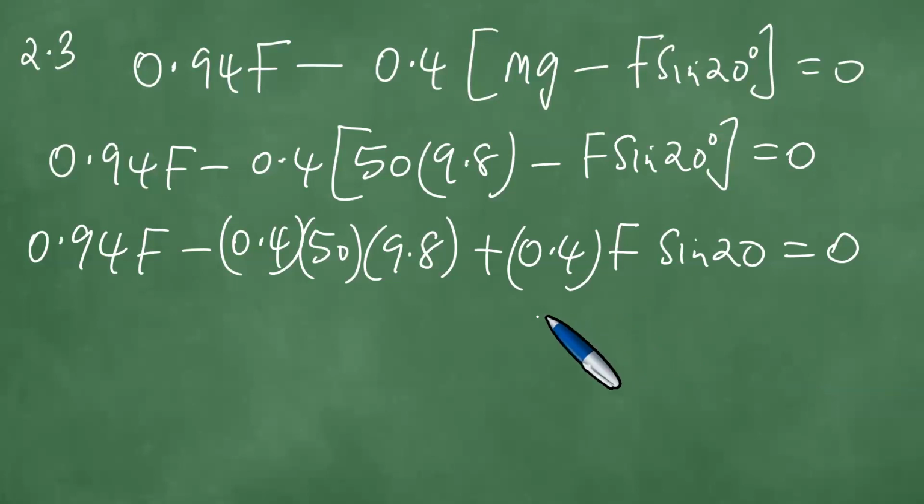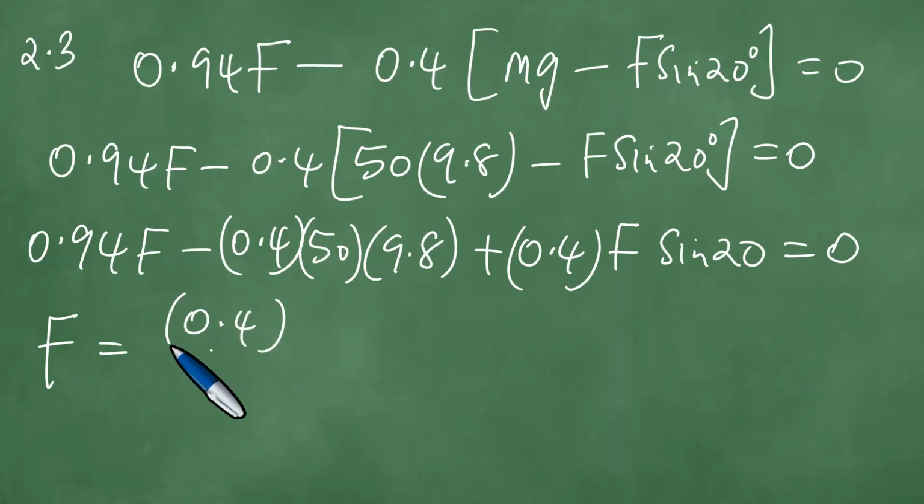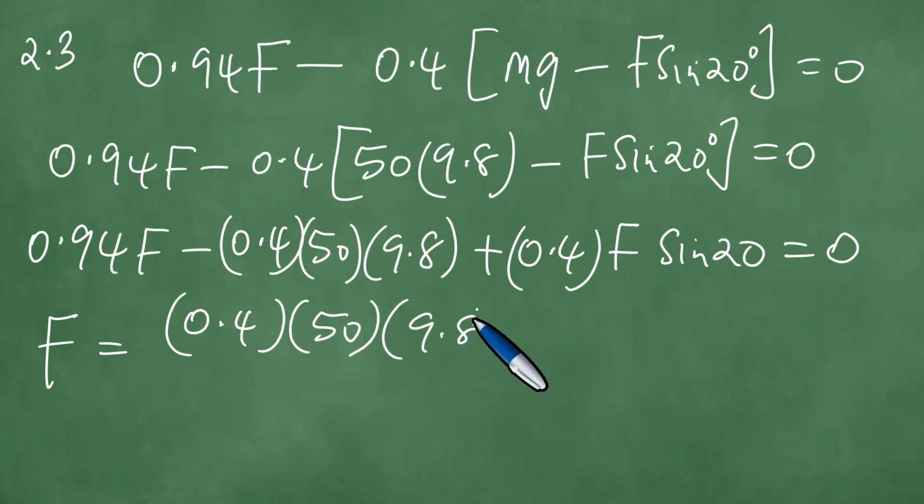F and F here. So we want to solve for F. So to solve for F, you move this one to the other side. 0.4, 50, 9.8.